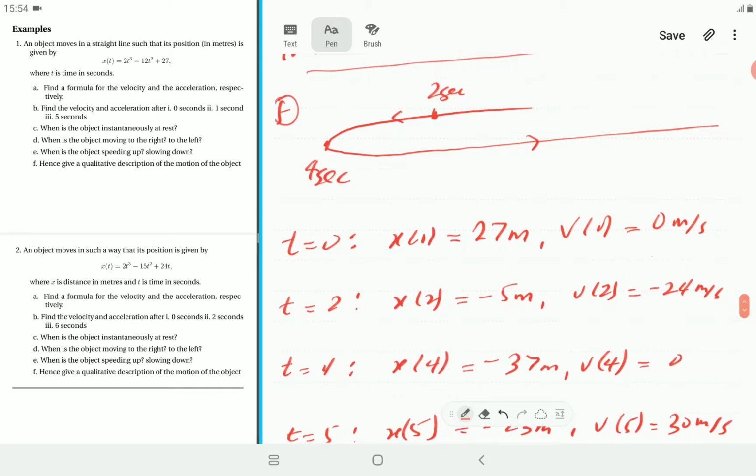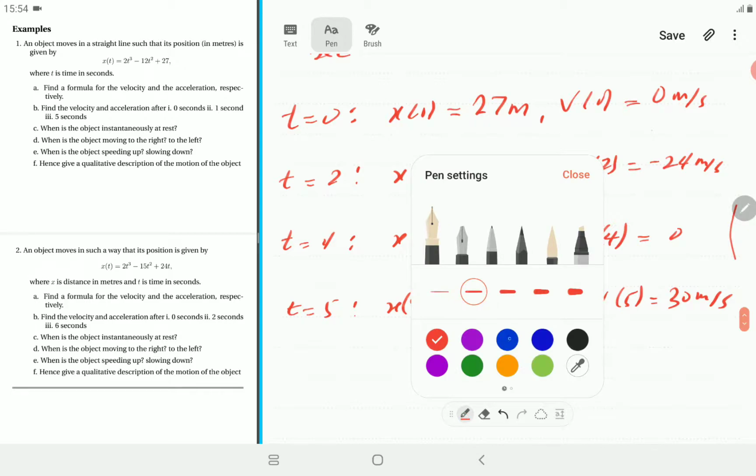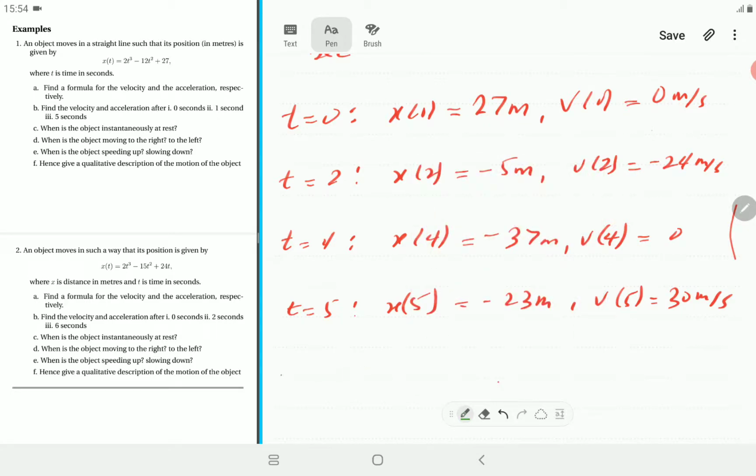As far as this diagram is concerned, I'm just going to do a one-dimensional sketch of this. I think you'll see in a moment what I mean by one-dimensional. So like this. This is the origin, so this is 0 meters here.